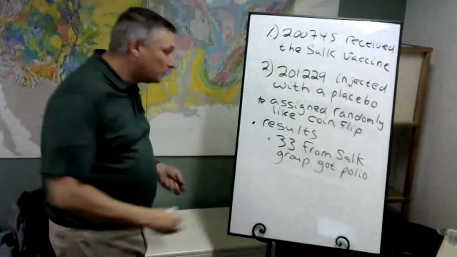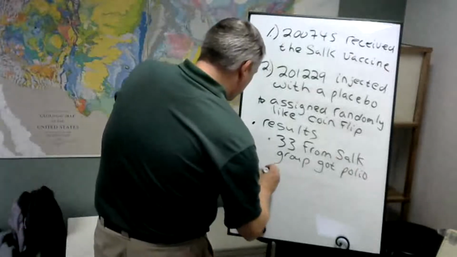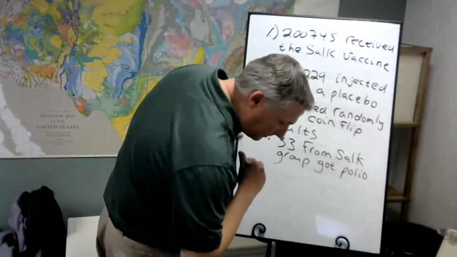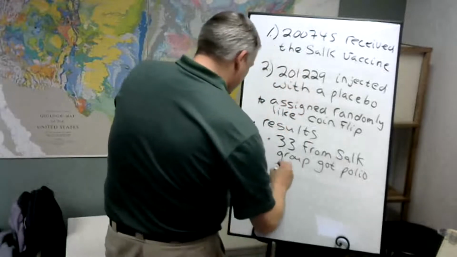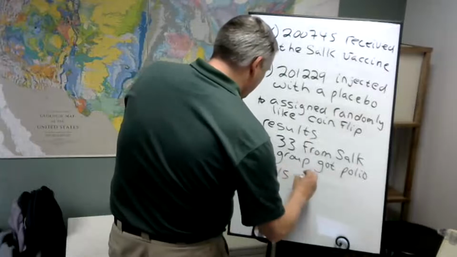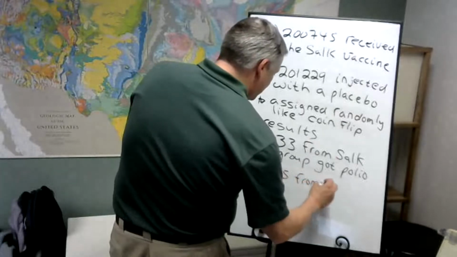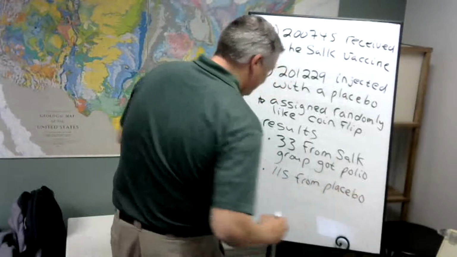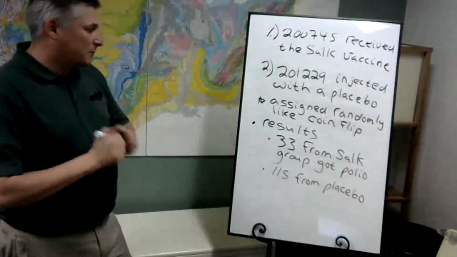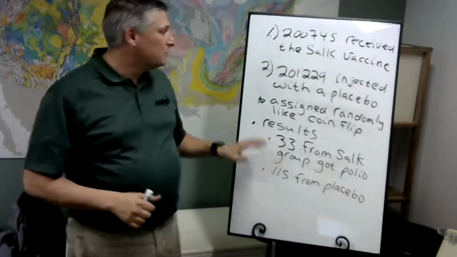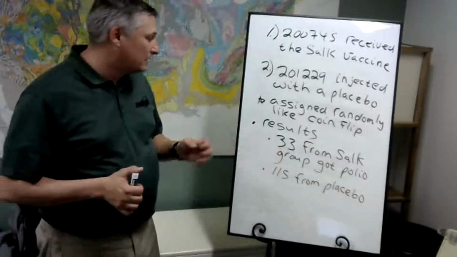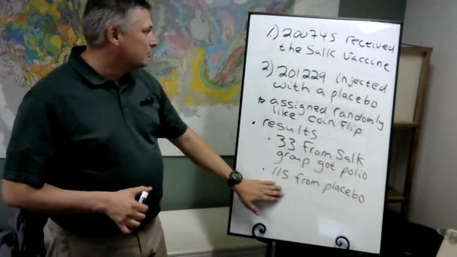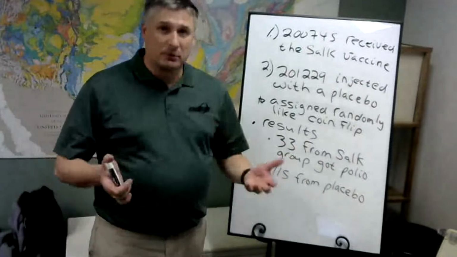Well, 33 children from the Salk group, and from the non-Salk group, 115 from the placebo. So 33 children who had the vaccine still got polio, but 115 who received the placebo got polio.